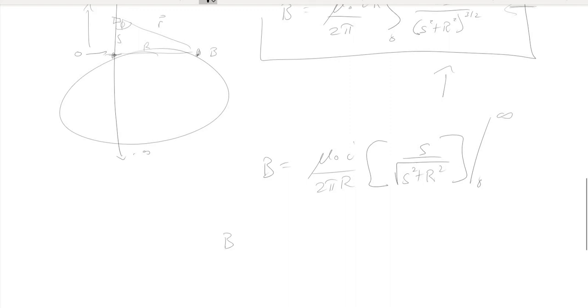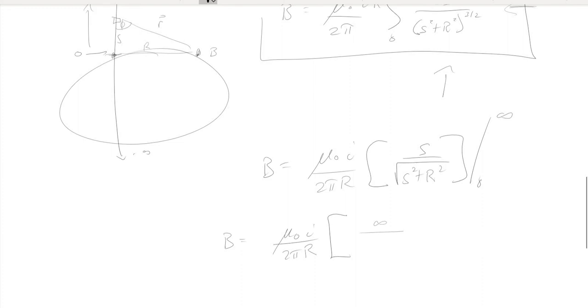So if we do that, we have mu naught I over 2 pi r. The first limit at infinity, when s goes to infinity, we have to be careful in how we do our limits here. When we evaluate at infinity, we get infinity on the top, and if s is infinity, then the value of r doesn't really matter.